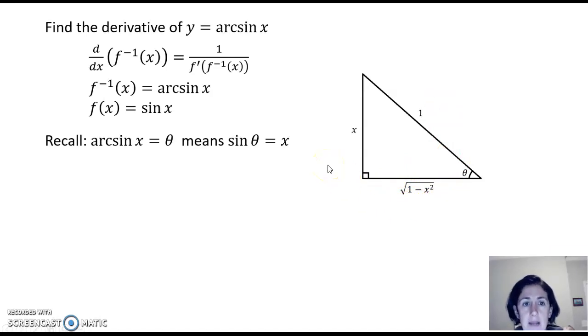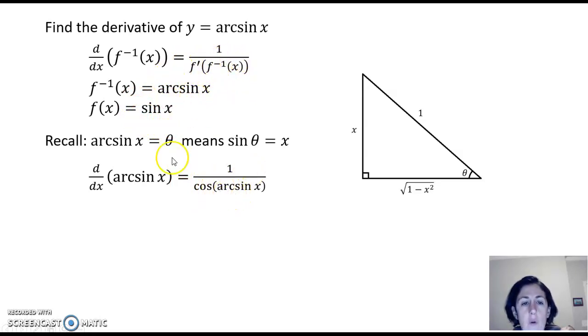So now let's apply this to figure out the derivative of the arc sine. So the derivative of the arc sine will be 1 over the derivative of the original function. Well, the derivative of sine is cosine, evaluated at the inverse function, which is arc sine. Well, we just said that the arc sine of x is equal to theta, so that's the same thing as saying 1 over cosine of theta. Well, we can find, with this triangle, the cosine, which will be adjacent over hypotenuse.